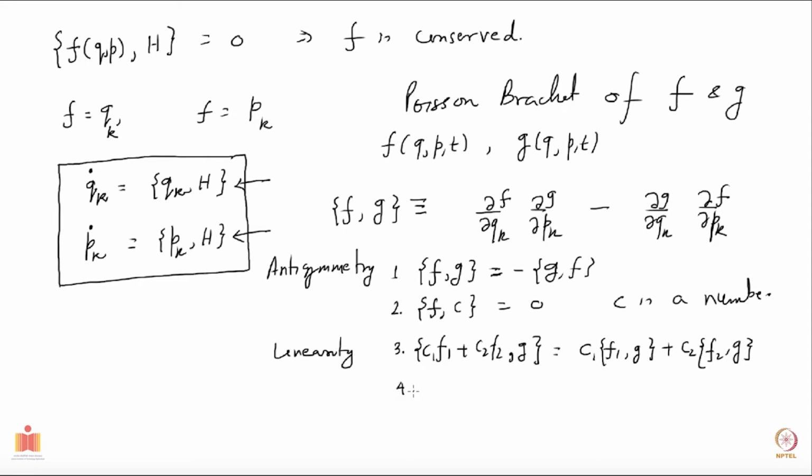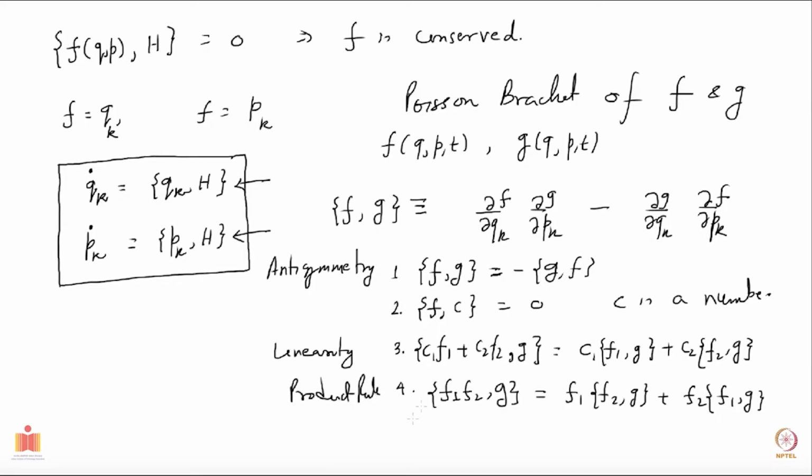Then the product rule is the following. So if you take the product of two functions f1 and f2 and find out the Poisson bracket with another function g, it will turn out to be f1 {f2, g} plus f2 {f1, g}. So that's the product rule, which you can easily verify starting from the definition of this Poisson bracket.